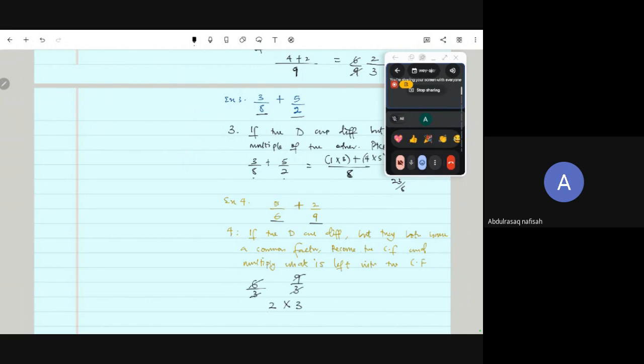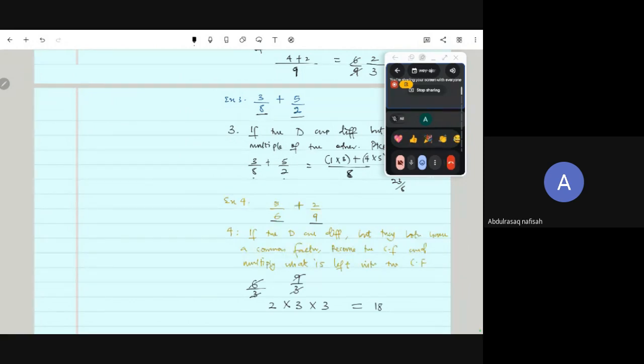Now it says multiply what is left with the common factor. So 2 times 3, 6, times 3, 18. My LCM is 18. You get it?